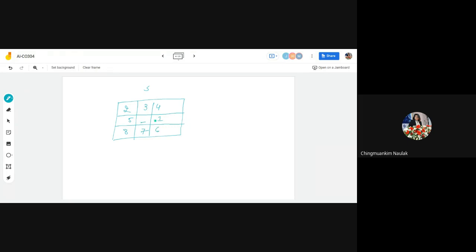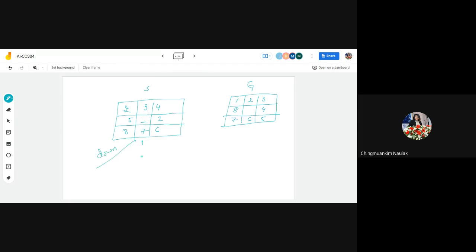This is the initial given state, and the goal state would be 1, 2, 3, 8, 4, 7, 6, 5. So I said that this empty space can be moved in different directions.